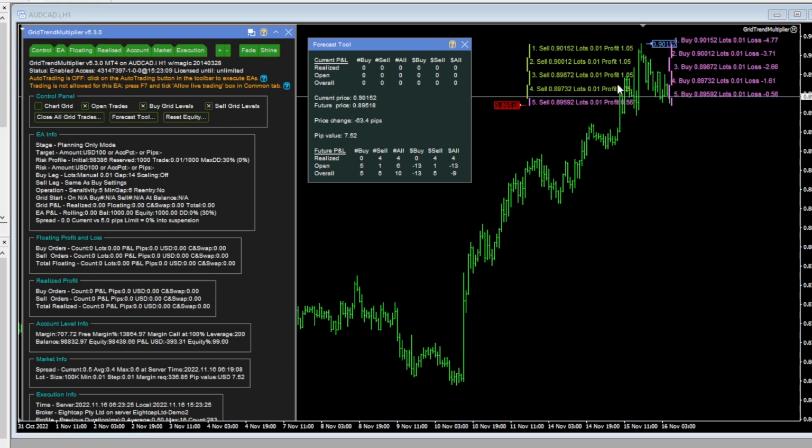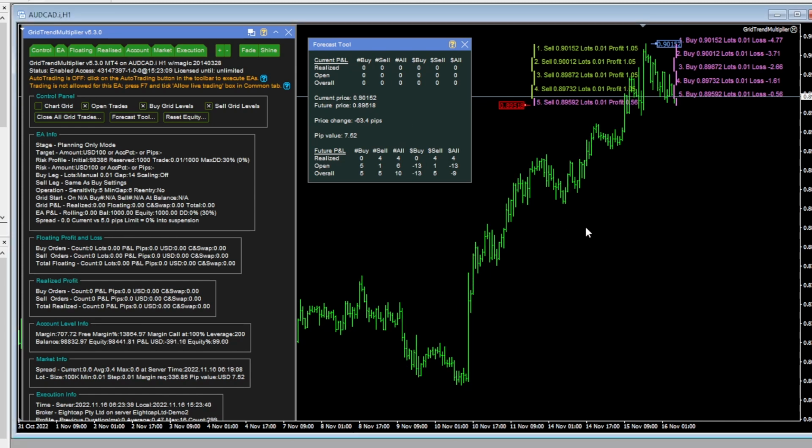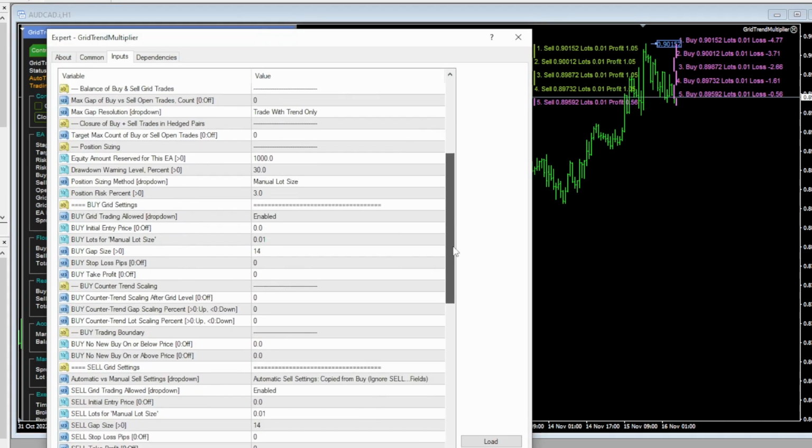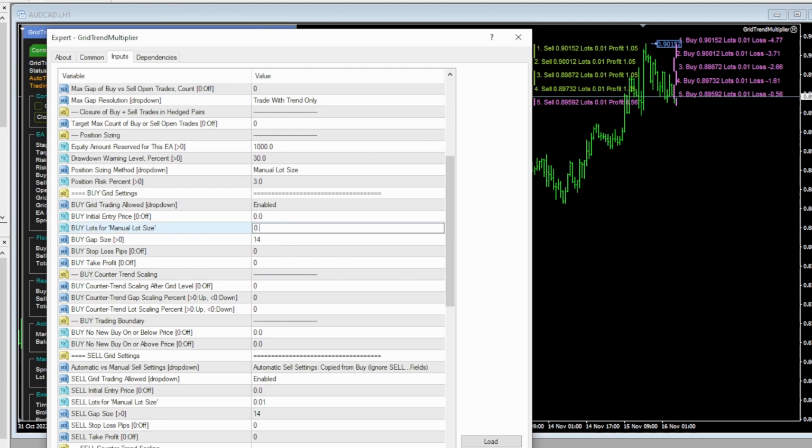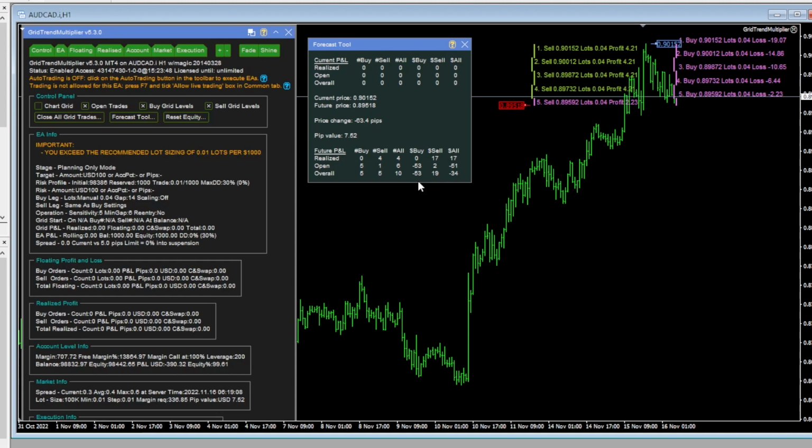Next step is adjusting the maximum holding loss that we're comfortable with. So here I've said I'm okay with $100 loss. So I'm going to tweak the lot sizing until I get this number here to be about 100. $53.07.